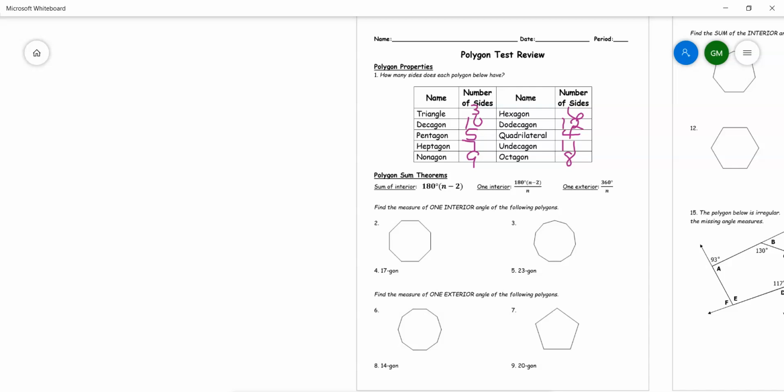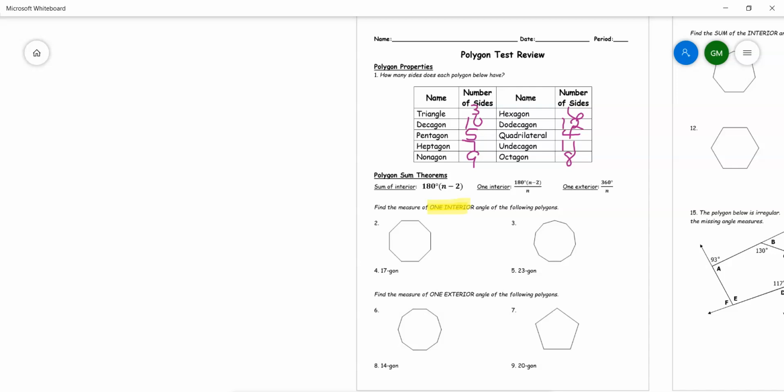All right, number 2. It says find the measure of one interior angle of the following polygons. Now the key there is one interior angle. Don't forget one interior angle, just one.